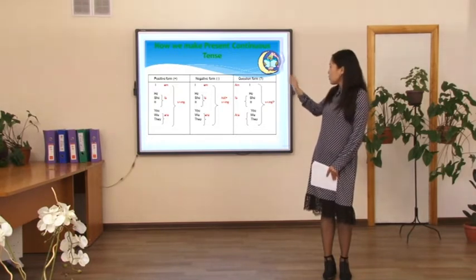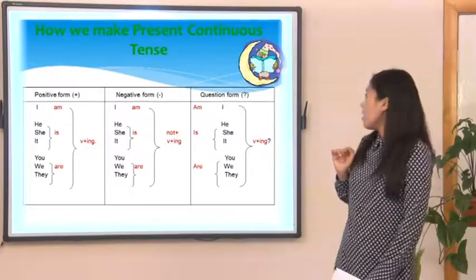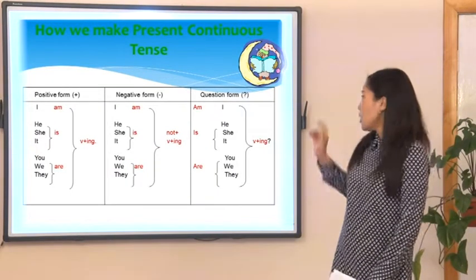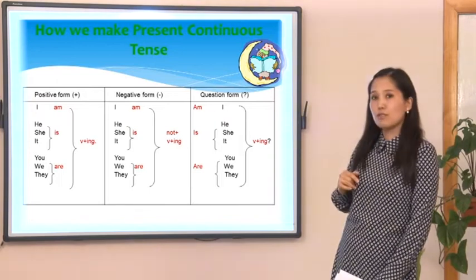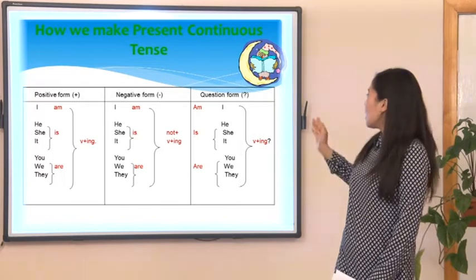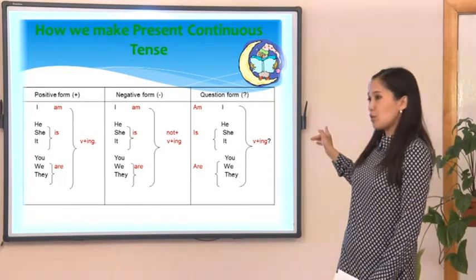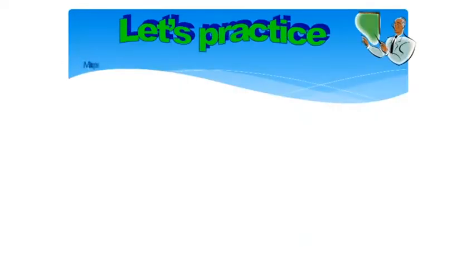Next, negative form, subject, to be, not, verb plus ing form. And the third one is question form. We change our to be, and as you see, we have am, is, are, to be before the subject, then we have the subject, then verb plus ing form and question mark. Now let's practice. I think you understand our theme and I hope you will do well.